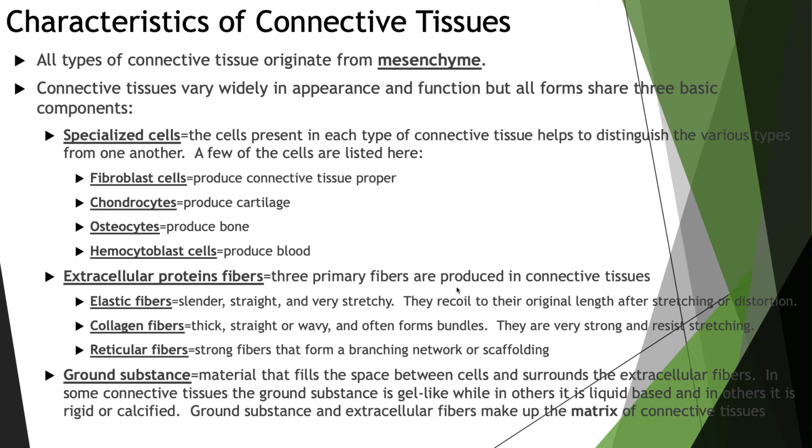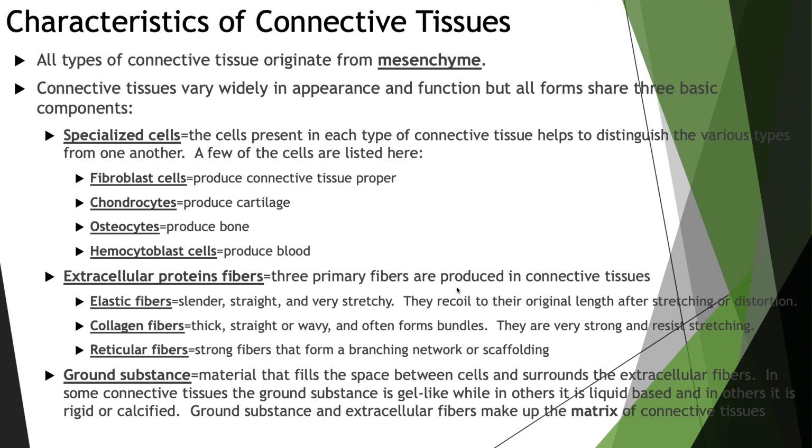A lot of them contain extracellular protein fibers. And depending on the content and the concentration of these fibers in the tissue, it helps to determine which type of tissue you have. So you have elastic fibers, which, as you can imagine, are very stretchy. They help things to stretch and move and twist and then be able to return to their original shape.